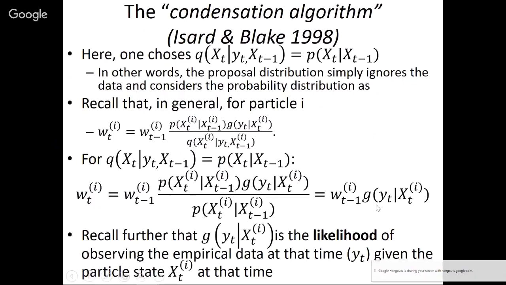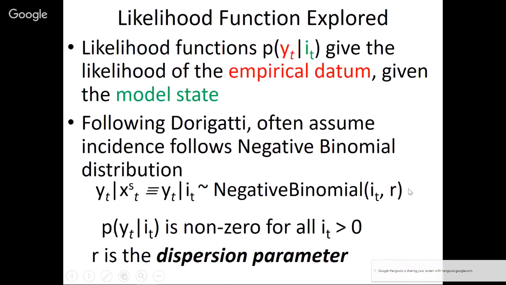So we take the likelihood of observing this empirical data given what we posit as occurring in the world, x sub t for particle i, and we multiply the weight by it. So if the likelihood is very small, W of t becomes smaller. If the likelihood is very high, W of t becomes larger. And so, again, things that are consistent with the empirical state are upweighted, things that are inconsistent are downweighted.